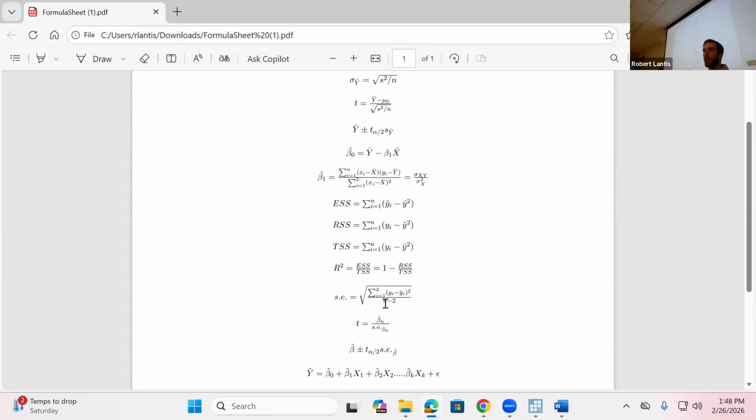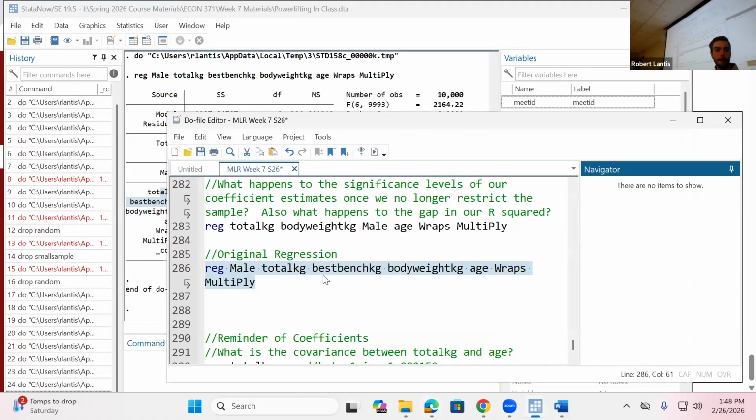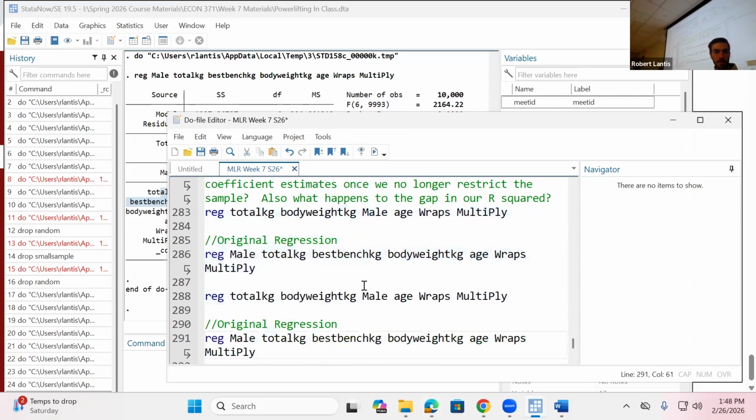So if n is really large, my denominator is really large here, what's going to happen to my standard error? It's going to be really small, right? So regardless of the fact that my standard errors went up because of this imperfect multicollinearity, my standard errors are still going to be pretty small, right? Because I have such a high sample size. So maybe a better thought experiment here was, let's say I do this exact same thing.